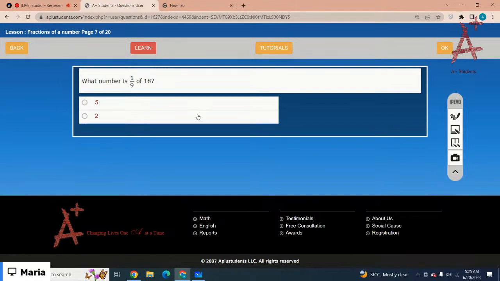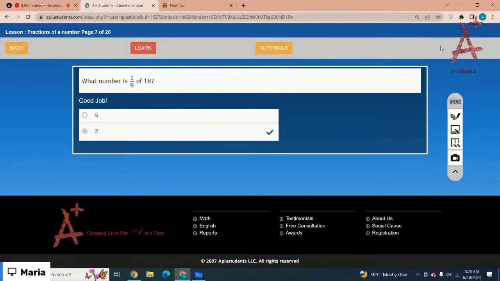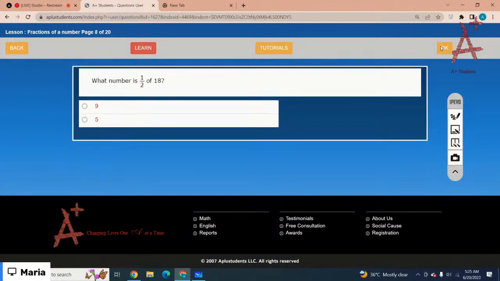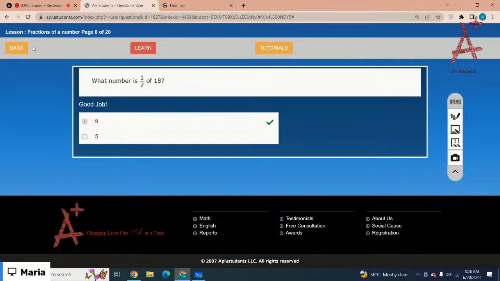Got it? 2 times 9 is 18, so it would be 2. What number is half of 18? Which is the correct option? Yes, that would be just 9. Got it? Half of the 18 is 9. Okay, you can complete the rest of the questions by yourself later today. Let me just move on to the next lesson.